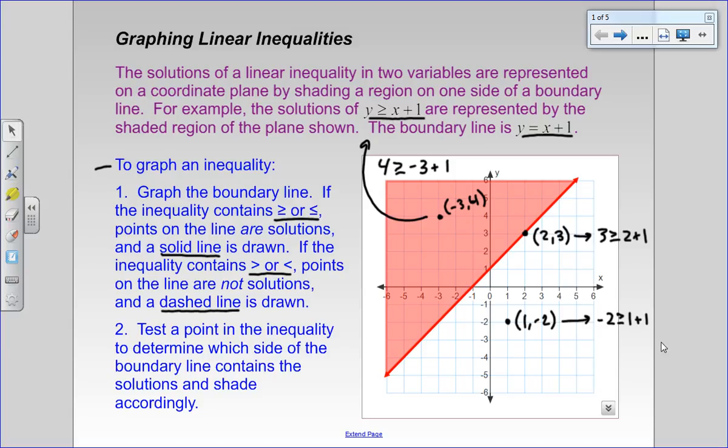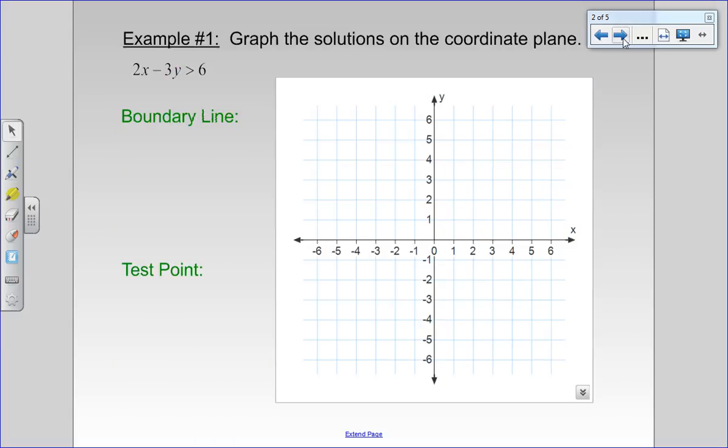Now let's do some examples. Our first example is to graph the solutions of 2x minus 3y is greater than 6. In this case, the boundary line would be 2x minus 3y equals 6. It's relatively easy to graph this line by identifying the intercepts.